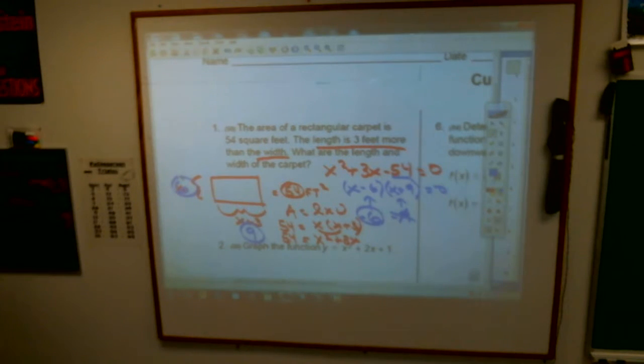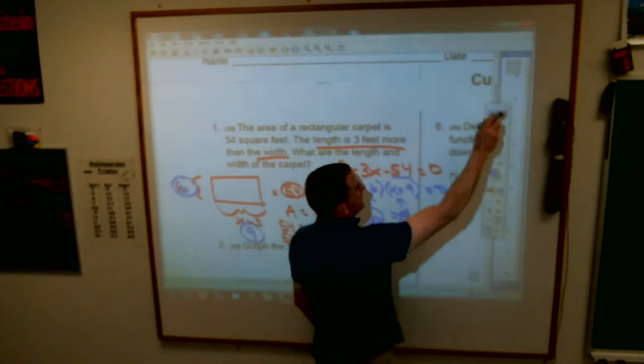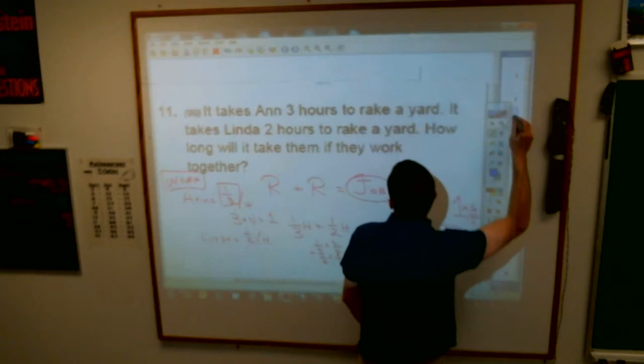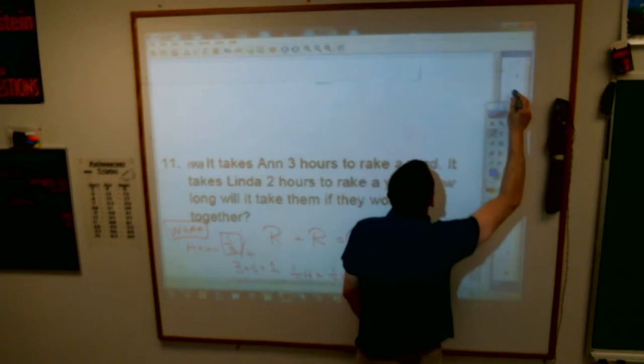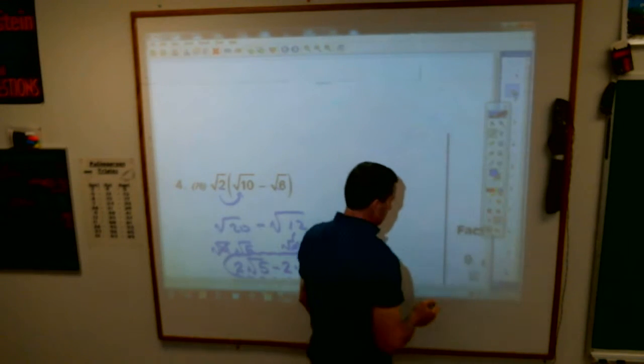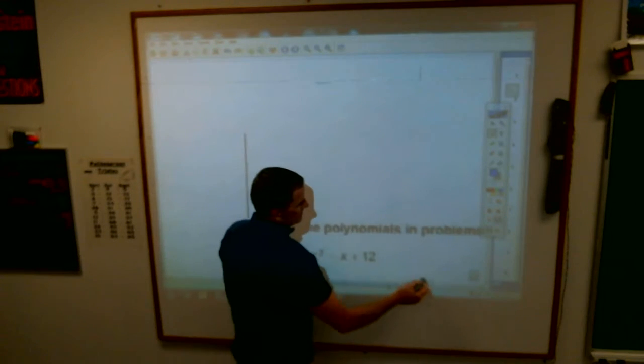Maybe this is all just water under the bridge. Ryan, from 10, did we not do 10 already? Is it on this page or is it on the other one? It's on the first page. I think it's on the first page, bottom left.